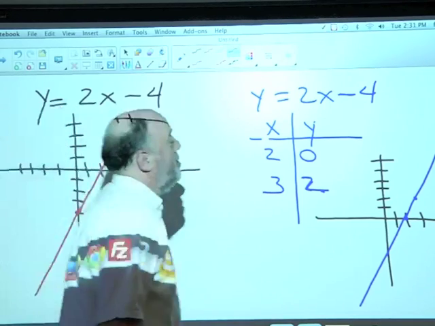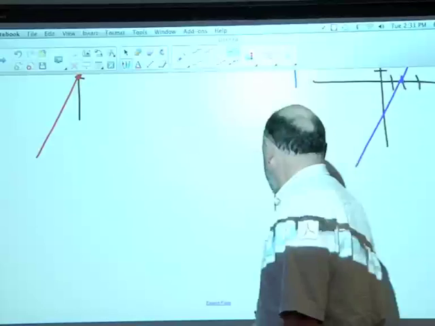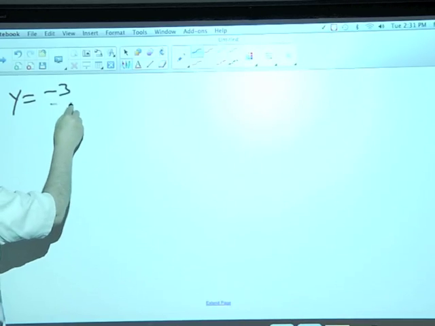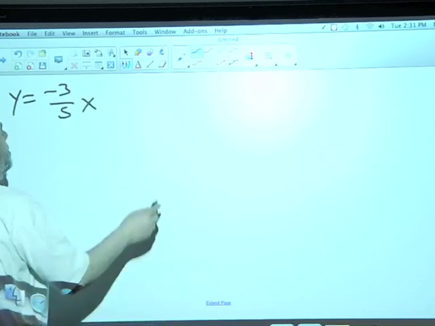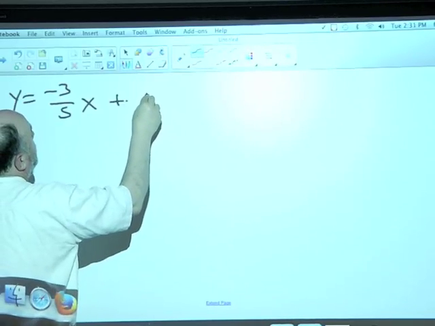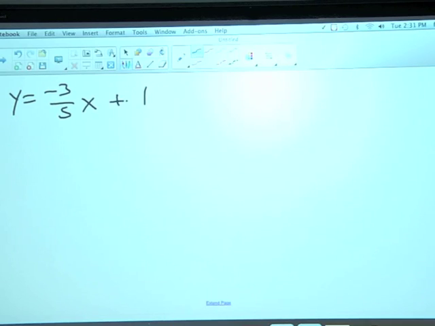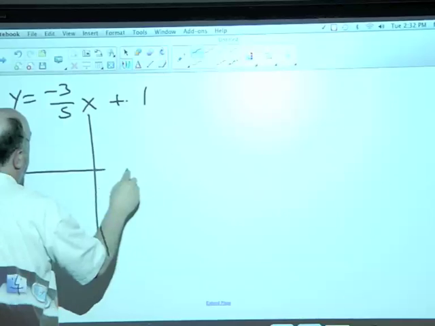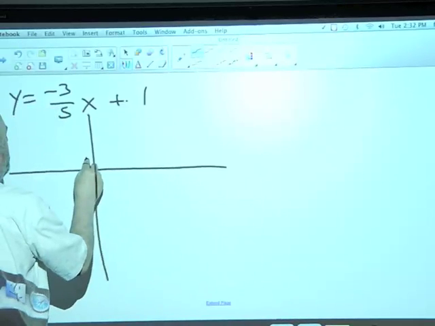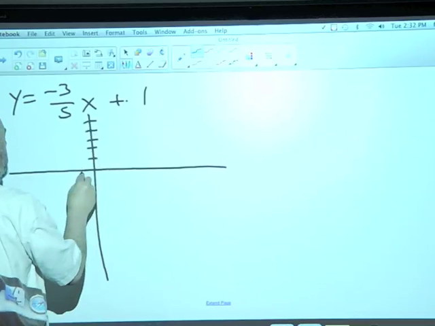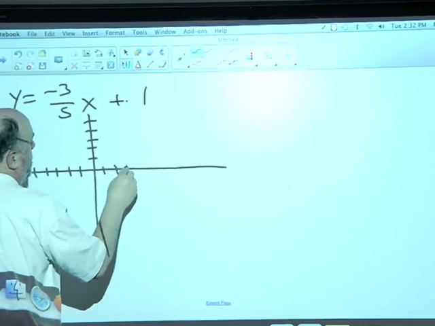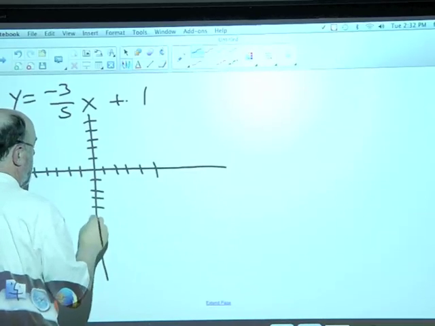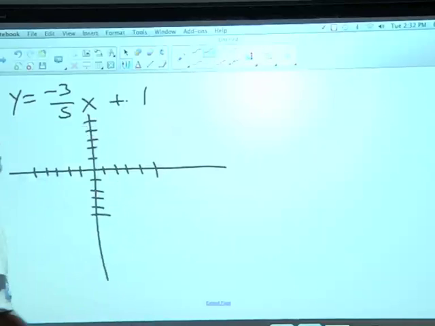So here's another example. If I have something like y equals negative 3/5 x plus 1, and I want to graph it by the intercept and slope method, the first thing I do is plot this point.